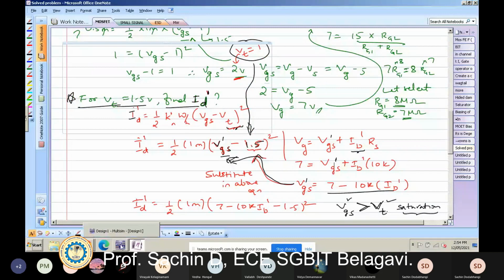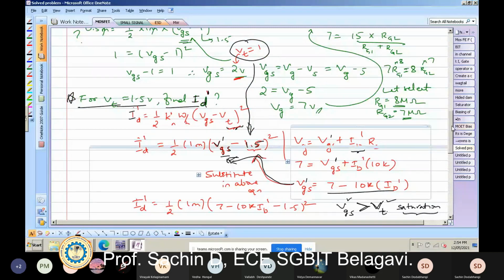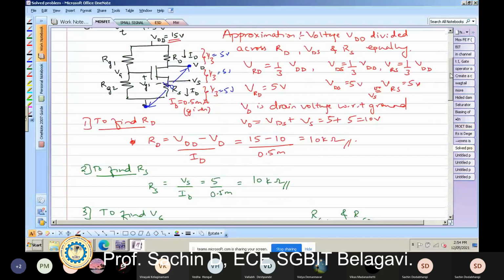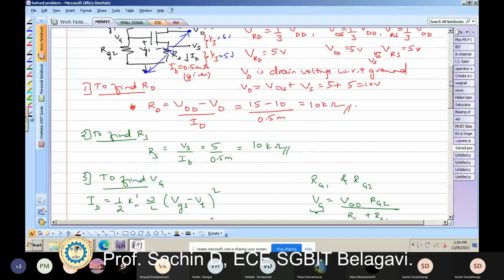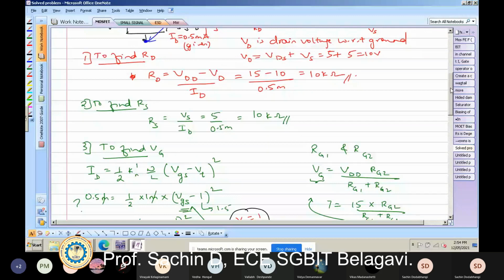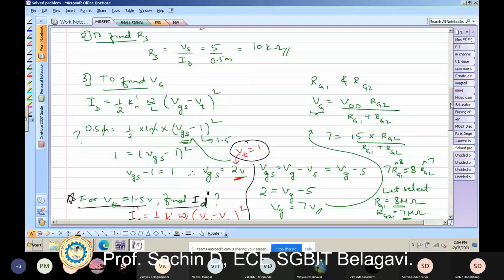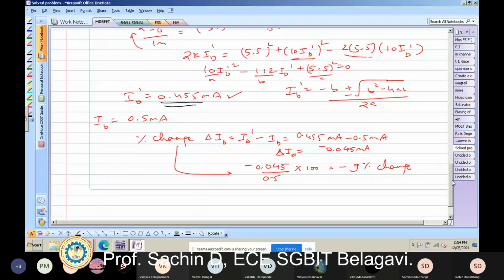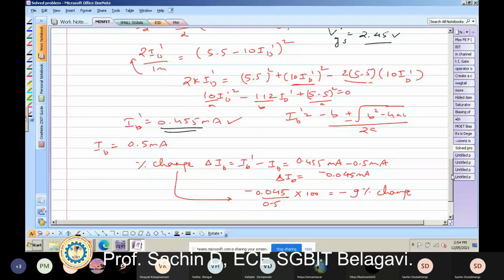Do you have any doubt in this question? This I solved; you can solve it at home. I directly gave the quadratic equation here. You can simplify it and find it by yourself also.